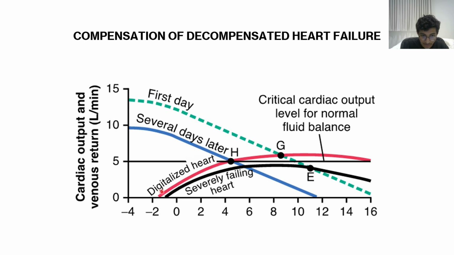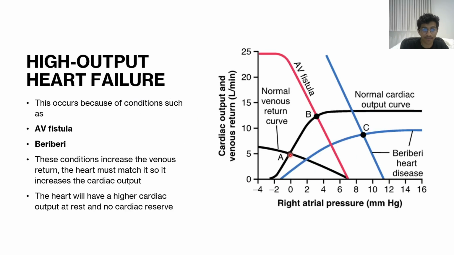In this example, it actually exceeds the normal 5 liters per minute, so we met it, and we made a decompensated heart move into compensated heart failure. It's still barely above the required cardiac output, and this person still has a low cardiac reserve since their heart is barely meeting the cardiac output at rest, so they have no tolerance for exercise.